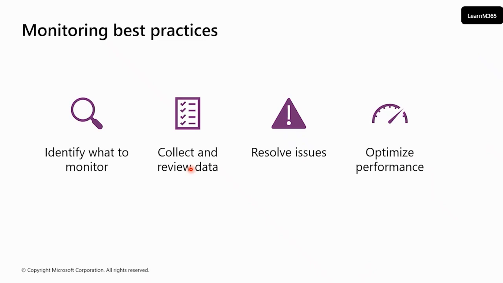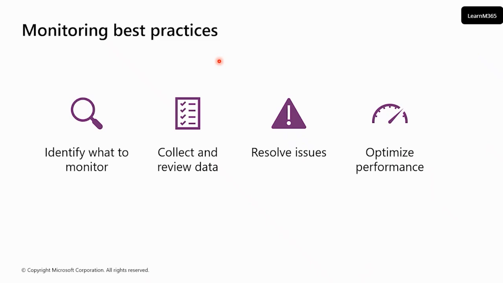Now let me tell you what the monitoring best practices are. If we continuously monitor the data ingestion, transformation, and load processes, it will ensure that they are running smoothly.